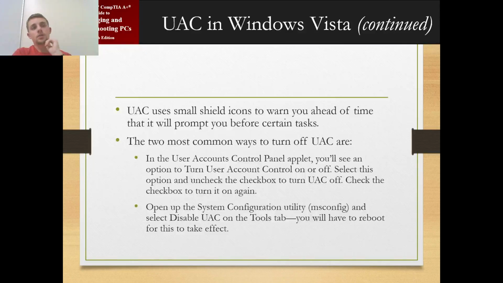It's a user account control. There's an option to turn it off in Vista and XP. You can do it in MS-config as well, but it's a little slower, so you have some extra hoops to jump through to get there.